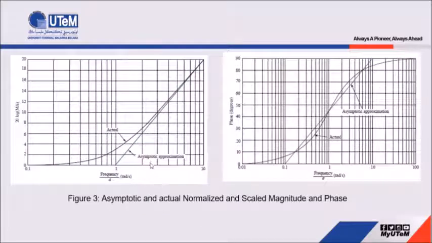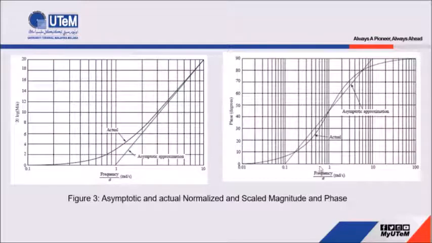This graph shows the difference between the asymptotic approximation plot and the actual plot. As you can see, there is around a 3 dB difference at the cutoff frequency. At this cutoff frequency, the value for the asymptotic approximation is at 0 dB, while for the actual result from simulations, the value is at around 3 dB.